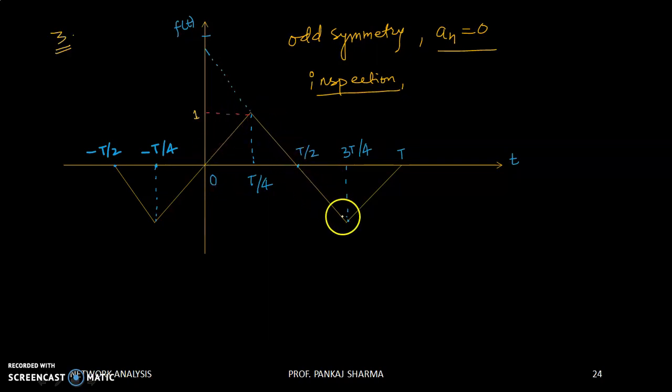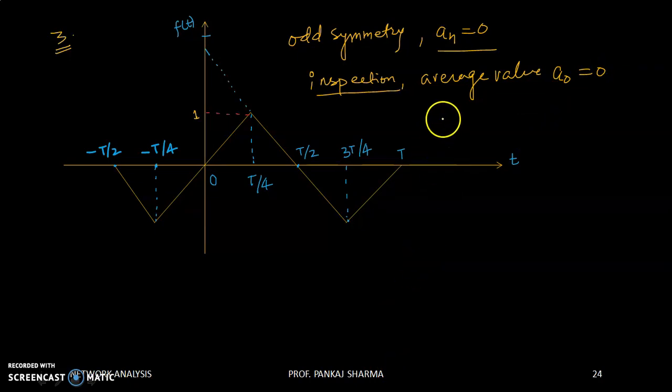Likewise, this one and this one are equal and opposite waveforms. So the average value A naught will be equal to 0.